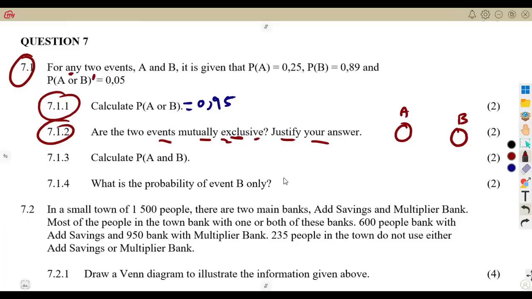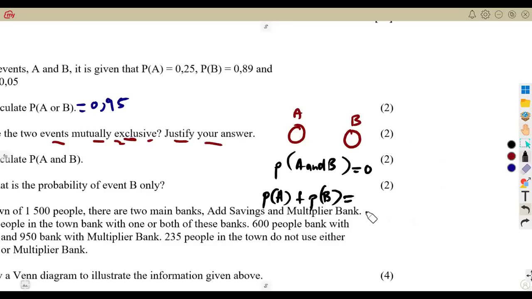So this is telling us that definitely we have the probability of A and B equal to 0. Or we can take it from the probability of A plus the probability of B. It is supposed to be exactly the probability of A or B. If they are mutually exclusive, they are supposed to be the same, or it can be this one.